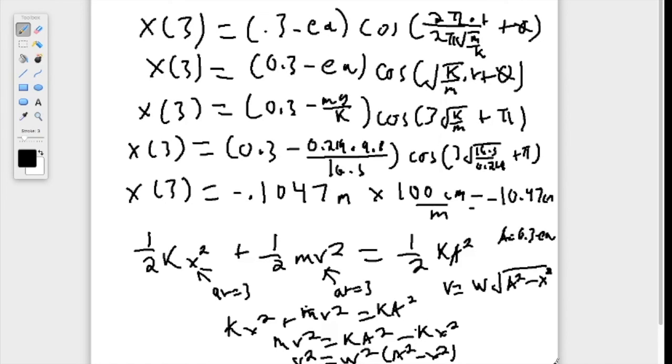So either convert x to meters or A to centimeters. It doesn't really matter. But when you have matching units, you should get a velocity of about 106.2 centimeters per second.